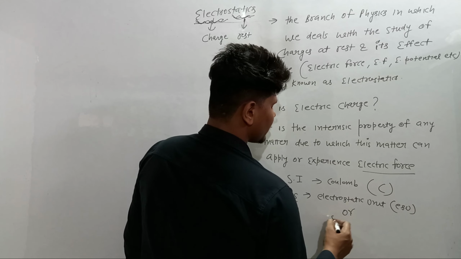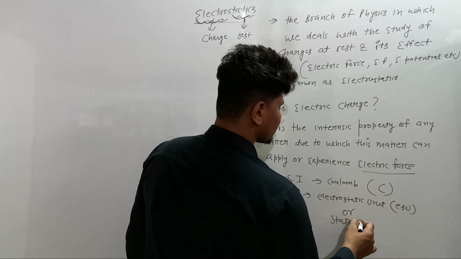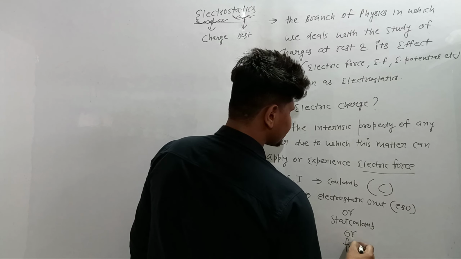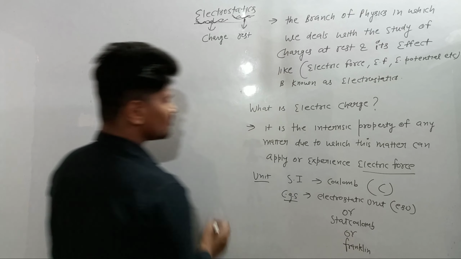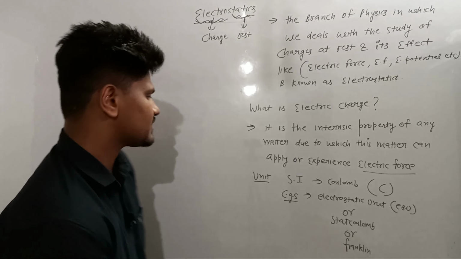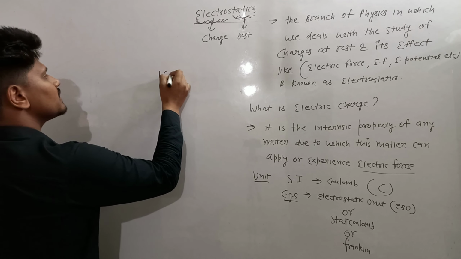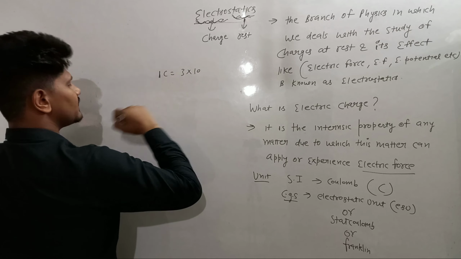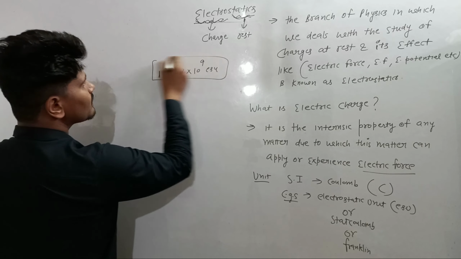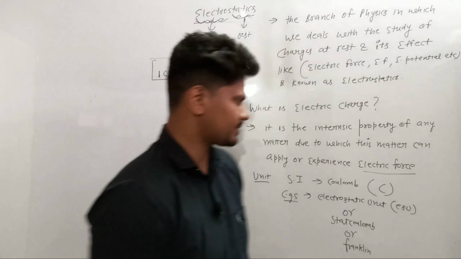It is also called stat coulomb, or Franklin. So what is the relation between the SI system and the CGS system? We have 1 coulomb equal to 3 into 10 to the power 9 ESU. You will remember that.